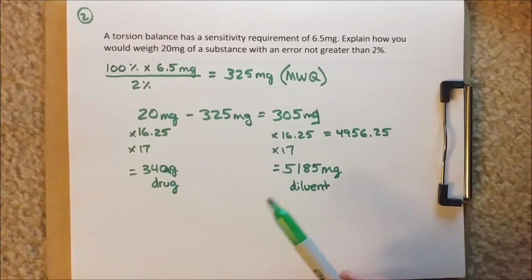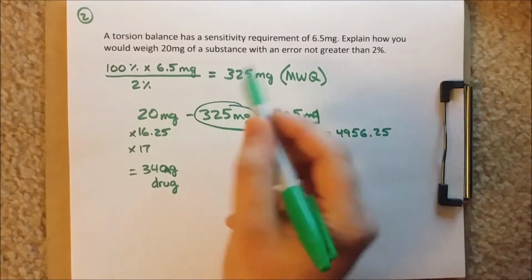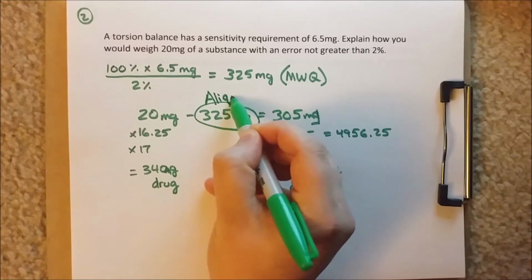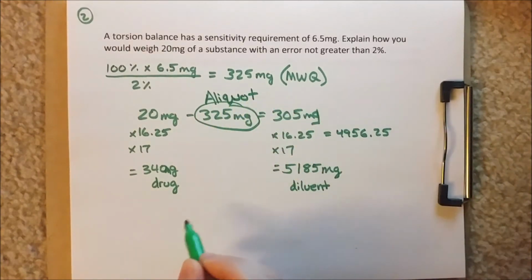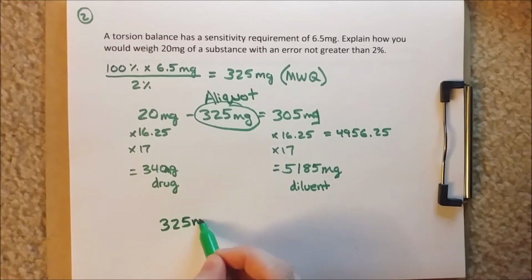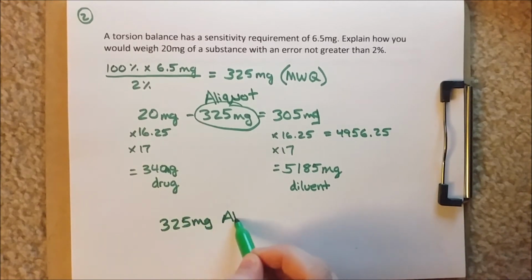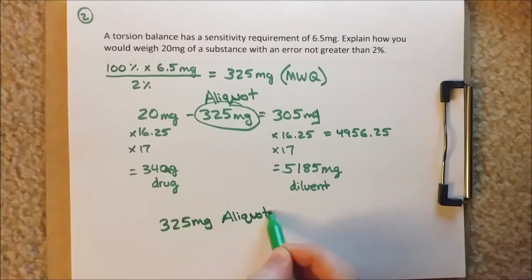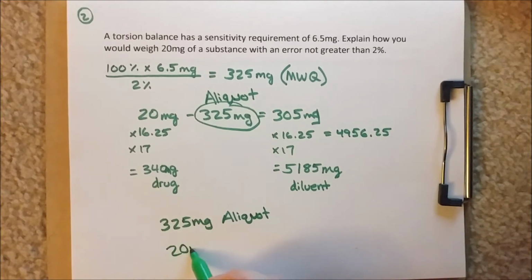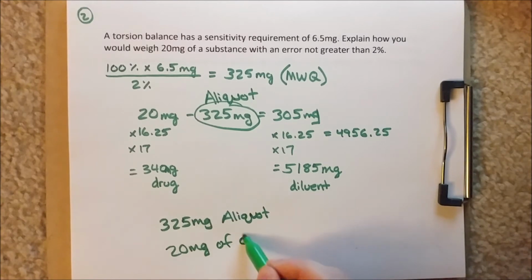Combine them, titrate until homogeneous, take out your 325 milligram aliquot, and you are left. So 325 milligram aliquot will leave you with 20 milligrams of drug and 305 milligrams of your diluent.